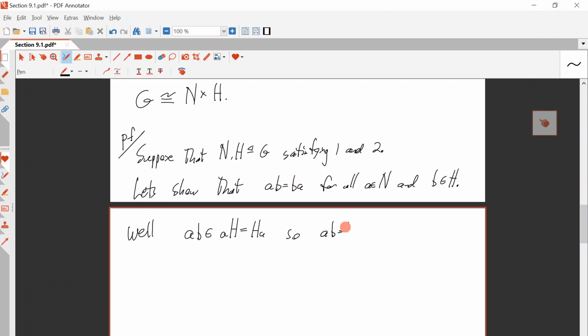So AB is equal to B0A for some B0 in H. Similarly, AB is equal to BA0 for some A0 in N. Again, because N is a normal subgroup of G. So you can do this kind of thing as well. Okay, so AB is BA0 and also B0A.